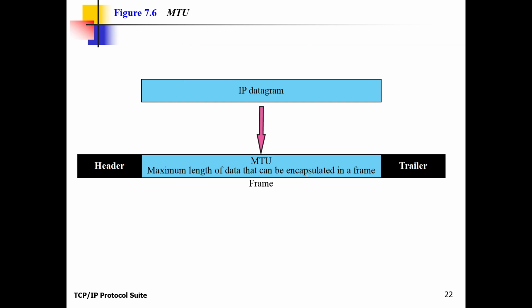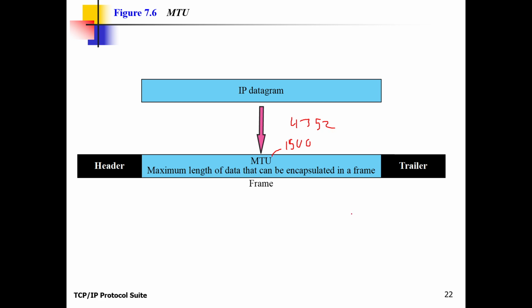If this is Ethernet, what is the maximum size for this? 1500. If it's FDDI, which is fiber, the maximum will be different. It will be 4,352 bytes, much bigger.